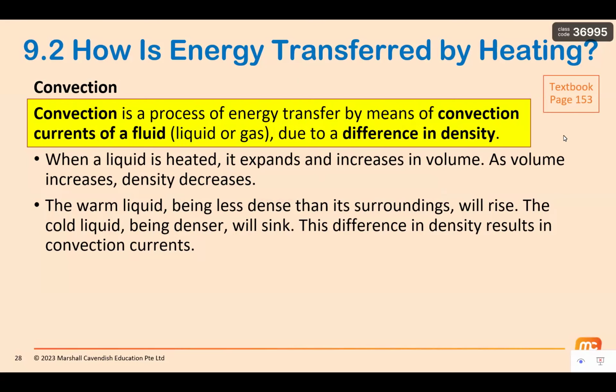Okay, so moving on, convection. Convection is the process of energy transferred by means of convection currents due to difference in density. The difference between conduction and convection is that for conduction, the particles do not take the energy and move. They just pass the energy by vibration of particles.